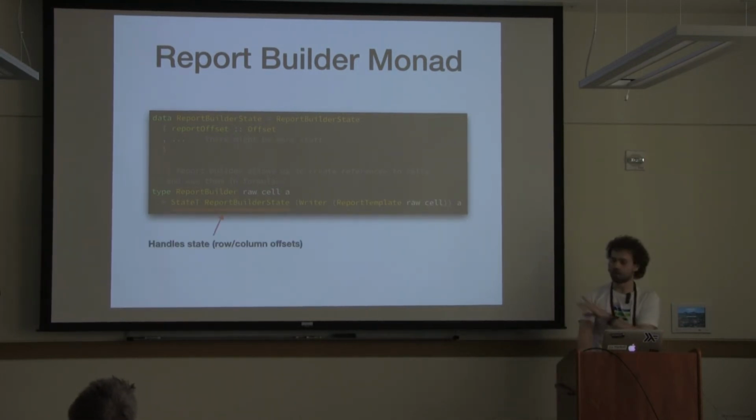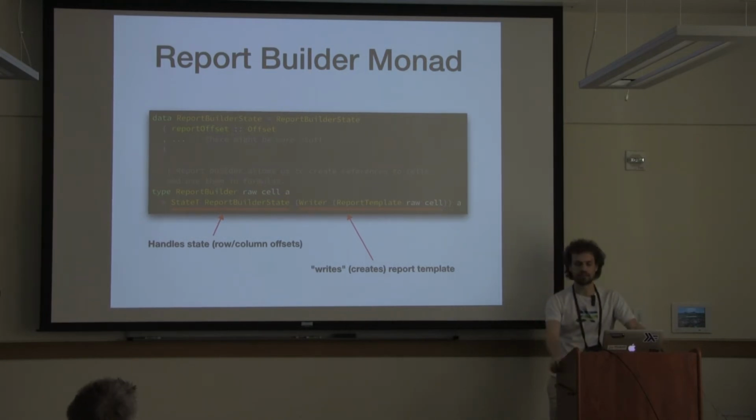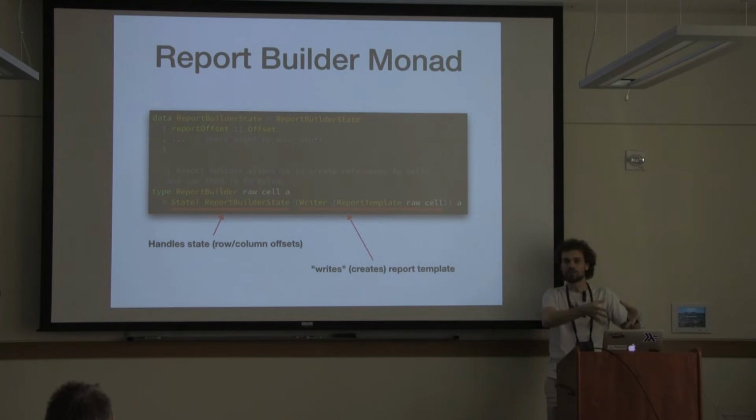So again, this part handles the state, the column offsets, and this state basically writes the report template. And if you know writers in Haskell or in any other language that has writers, what they do is they have this context where they can write or basically append to whatever is already there, right? And what do they use for this append? They use monoids. But we know that our report templates are monoids.